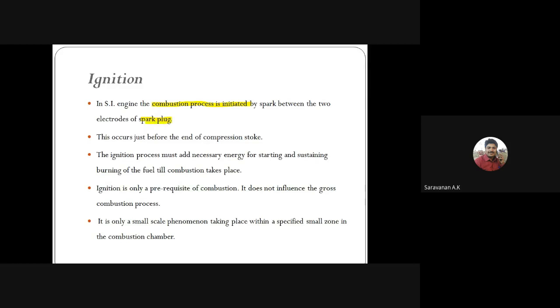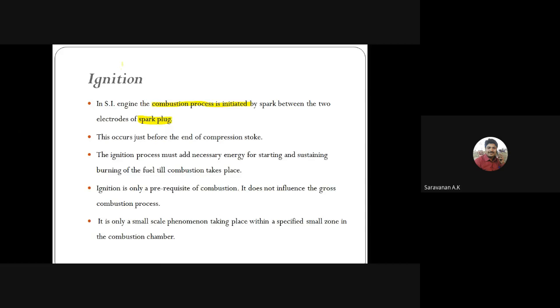The spark plug has two electrodes, with a gap between the two electrodes. Between that gap the spark is produced in the spark plug. That process is called the ignition process.